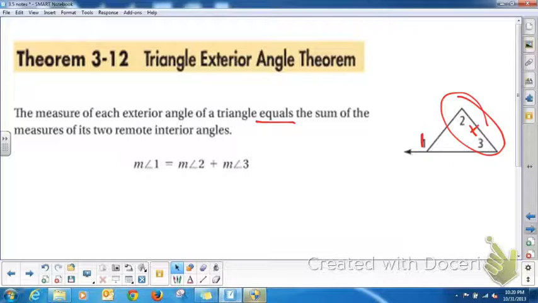And let's find out why. So, if angle 1, let's call this one x.